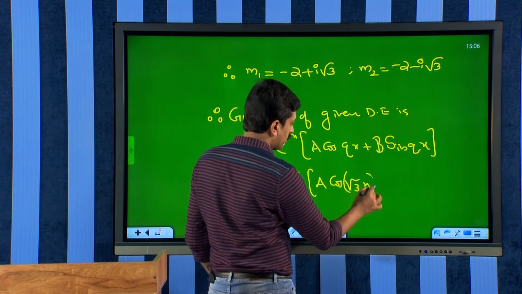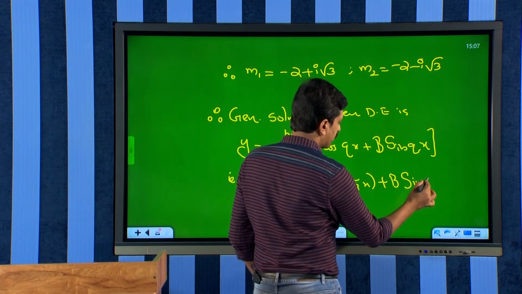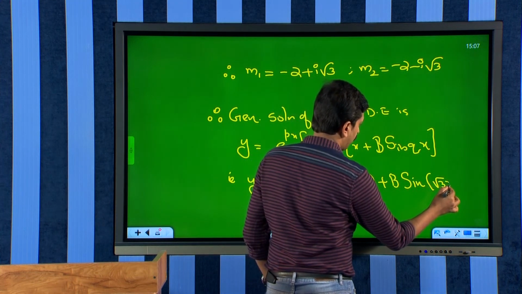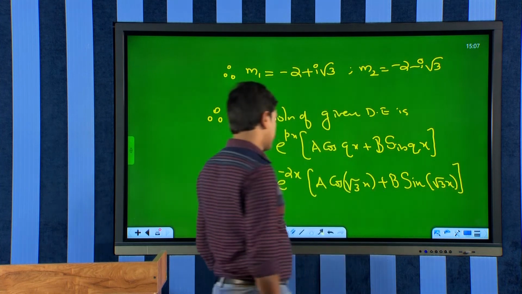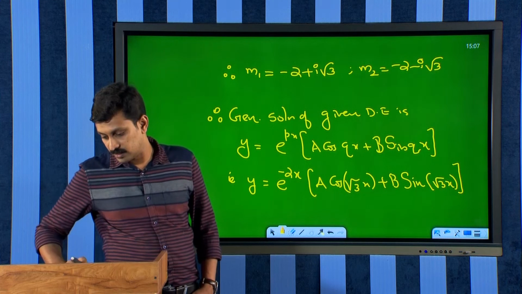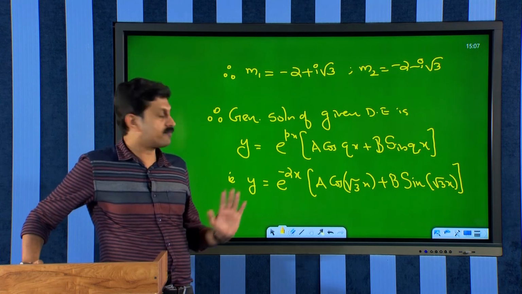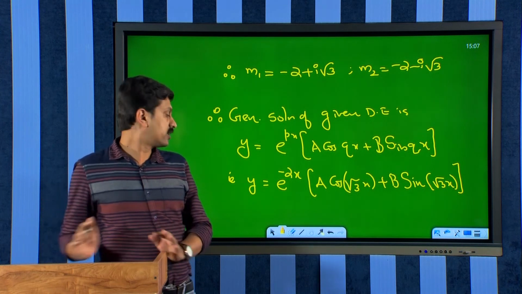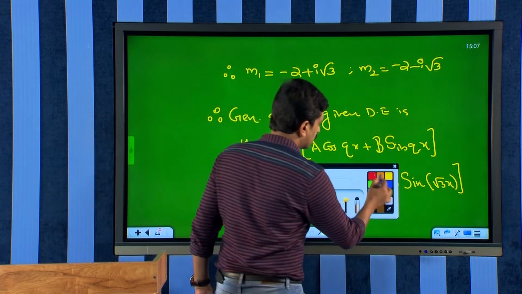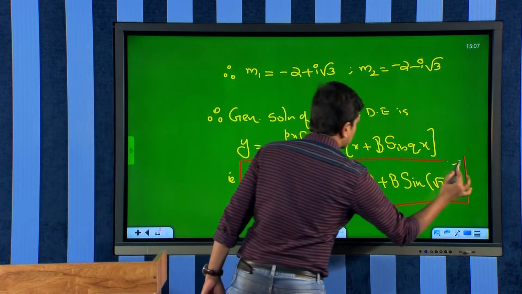A cos root 3x plus b sin root 3x is there. Okay, fine. Therefore, this is the general solution of the given differential equation.